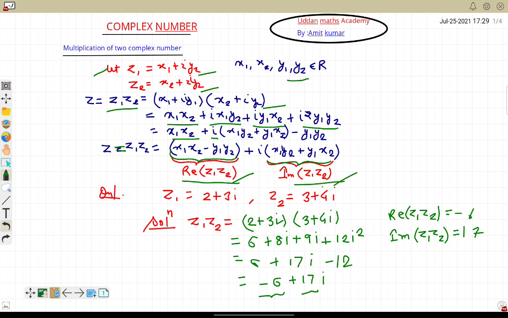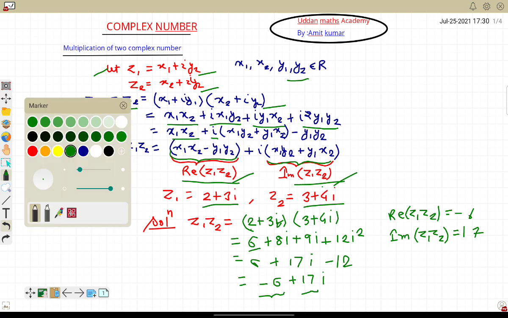We can take some examples. Let z1 is equal to 2 plus 3 iota and z2 is equal to 3 plus 4 iota, and we need to find the product of these two complex numbers. So we can write z1 z2 equal to 2 plus 3 iota into 3 plus 4 iota. 2 into 3 is 6, so the first number is 6.